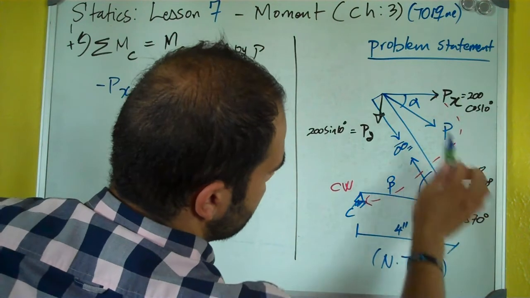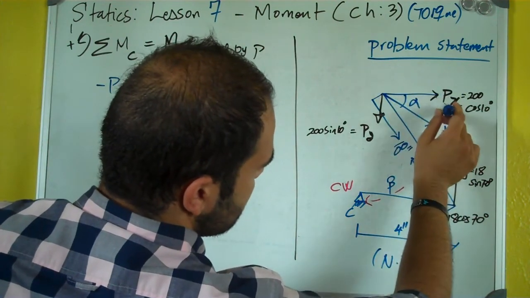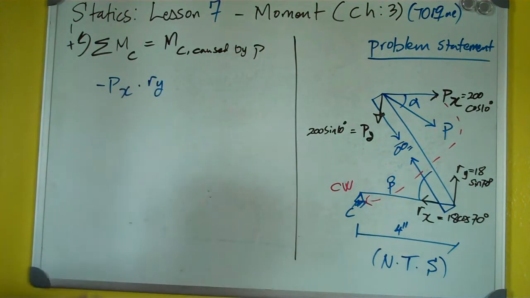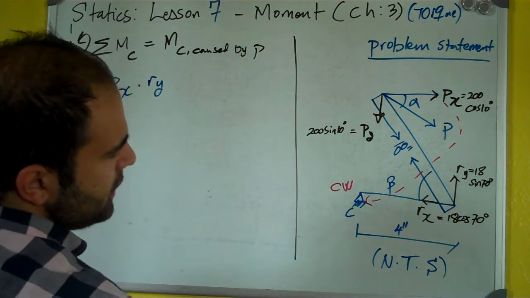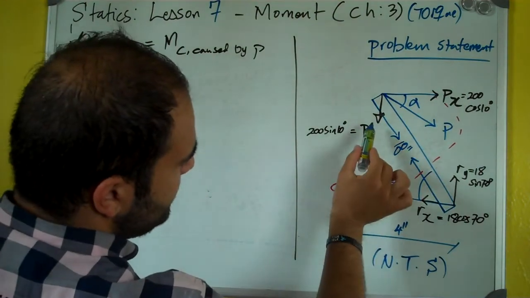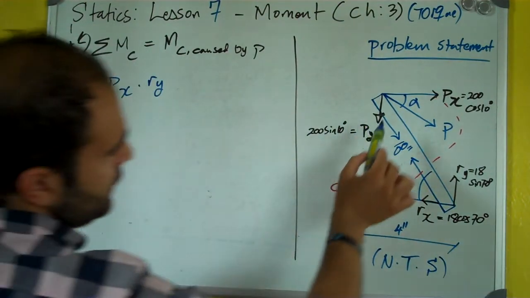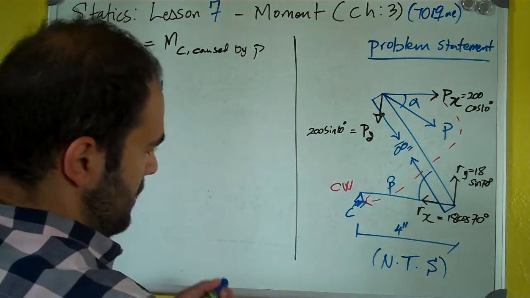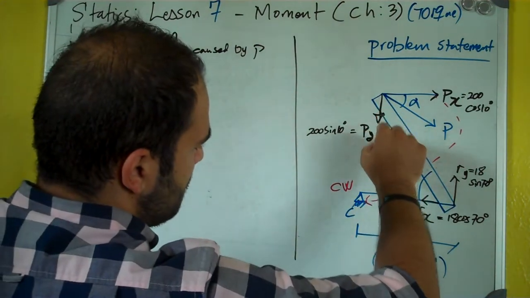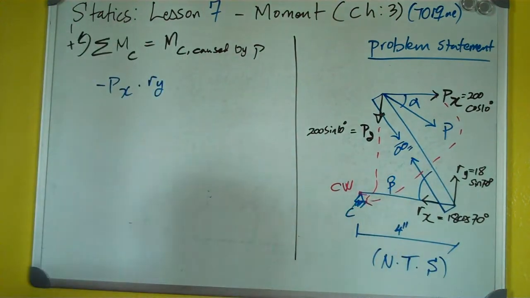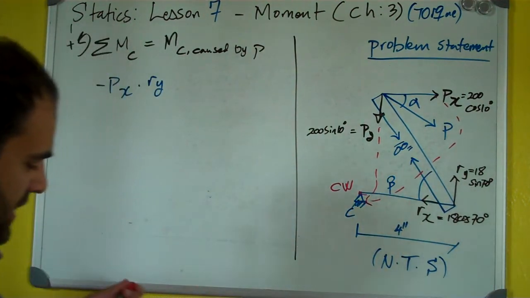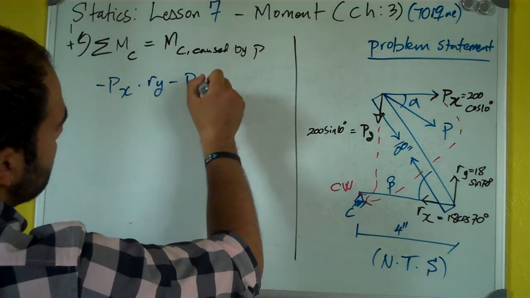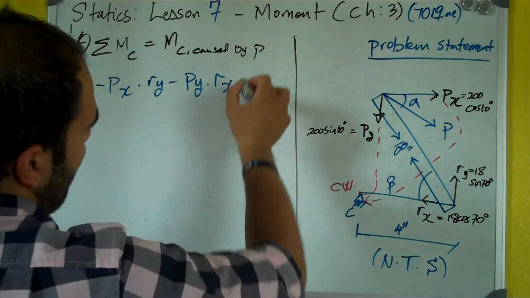The perpendicular distance for Px is Ry. We're done with Px. Going from Py to C, again, you're going clockwise. So that means you've got minus Py times Rx equals the moment.